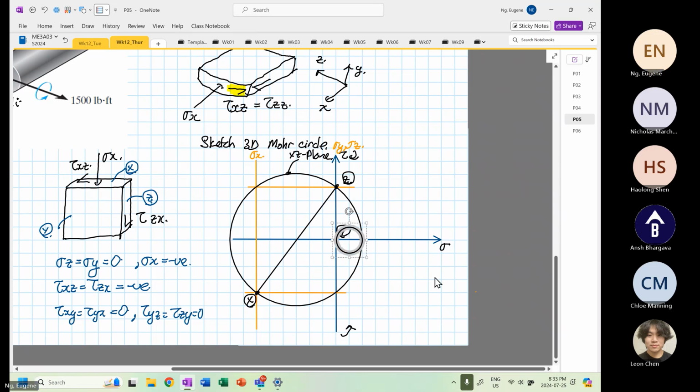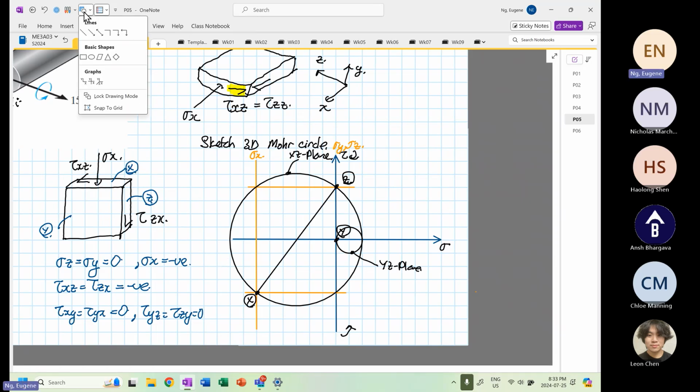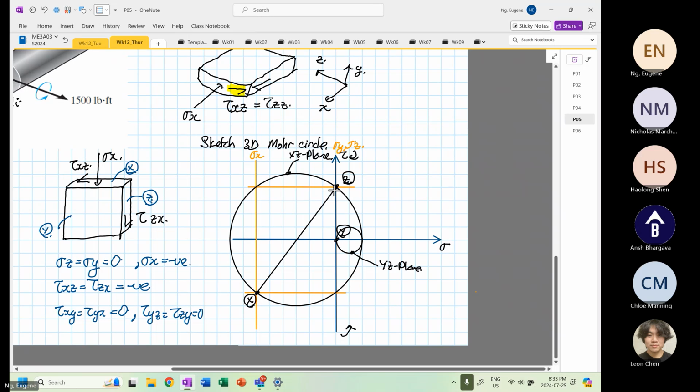Over here, this belongs to our YZ plane. And then the last circle over here belongs to our XY plane.